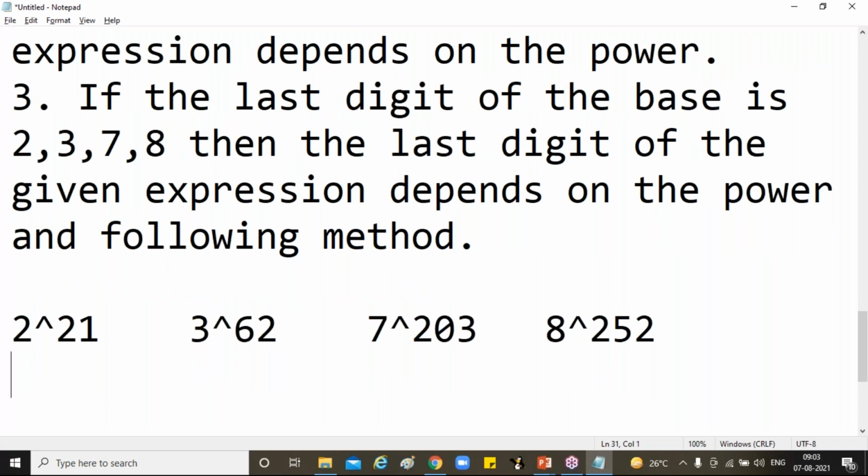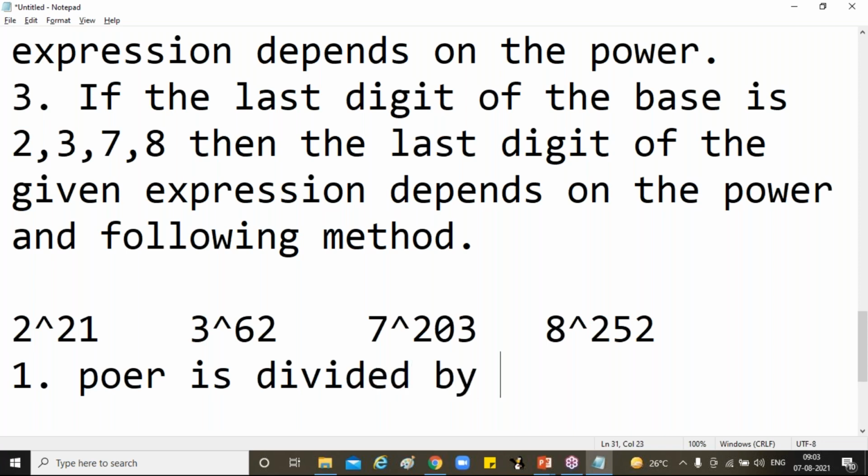Clear, all of you. For 2, 3, 7, 8, the values are repeated for every how many iterations? 4 iterations. So that is the reason. Step number one: power is divided by 4.